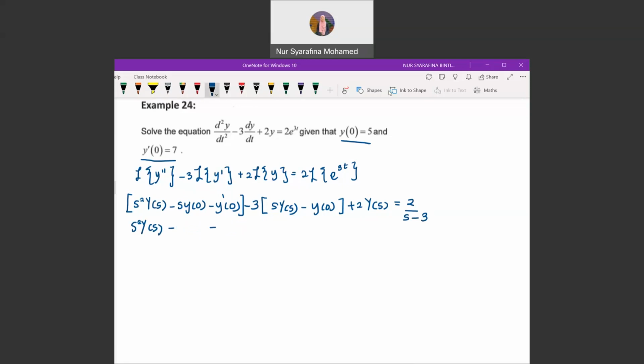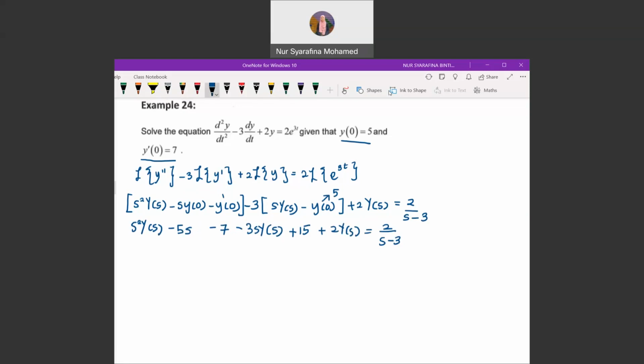Here we have 5s minus 7. This is minus 3 sY(s), and y naught here is 5, so plus 15 plus 2Y(s) equals 2 over s minus 3.